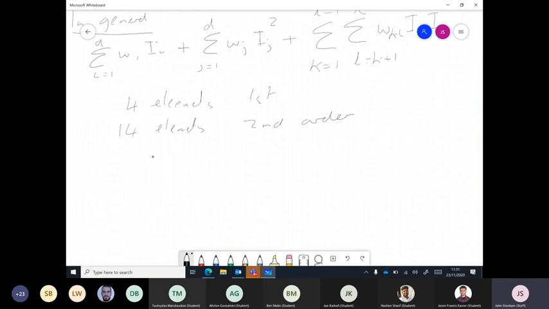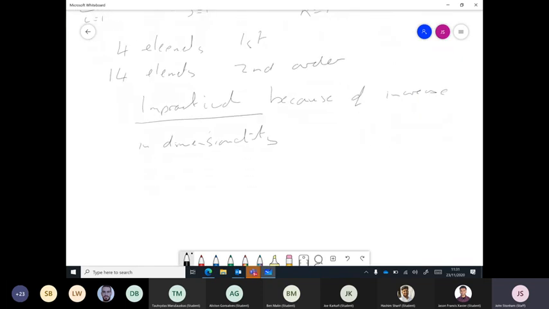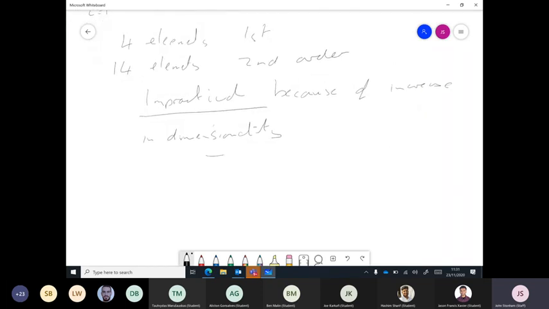This is impractical because of the dimensionality increase. So it's a good idea, but it's not going to work. What is practical?